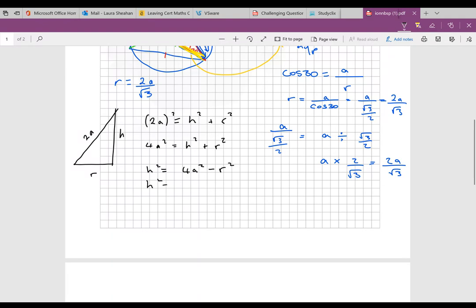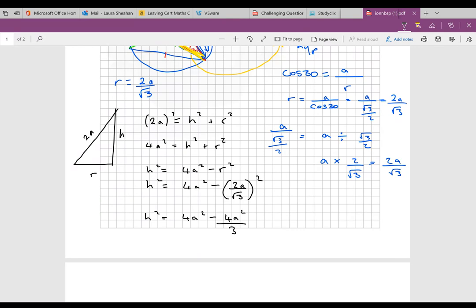So h squared is equal to 4A squared, so (2A) squared, minus, I know what OR is. So I know OR is 2A over root 3 squared. So h squared is equal to 4A squared minus squaring top and bottom. Squaring the top here would be 4A squared and squaring the bottom would be 3.